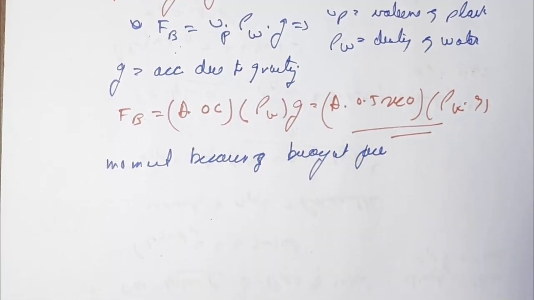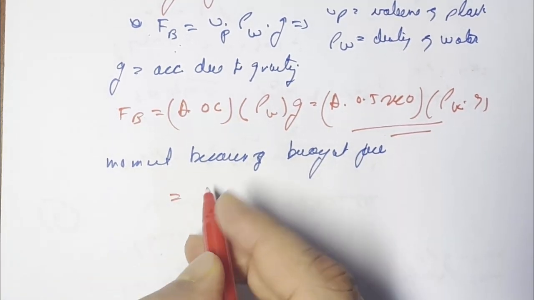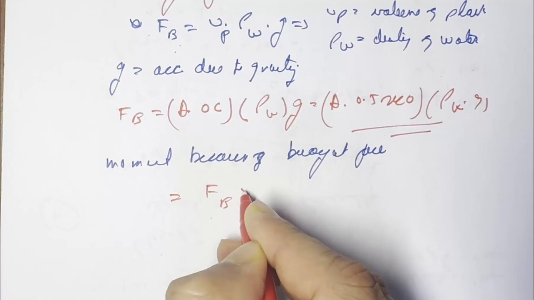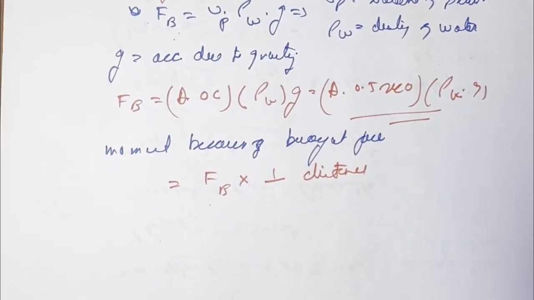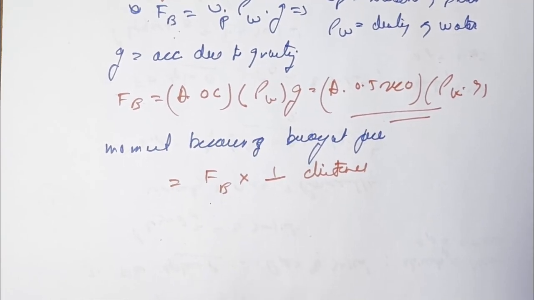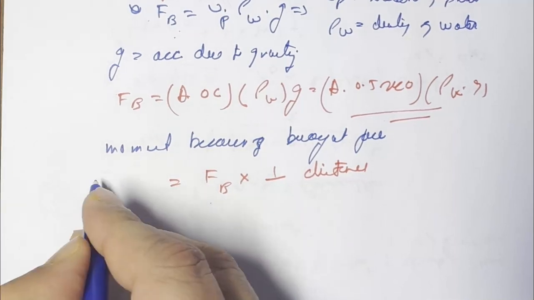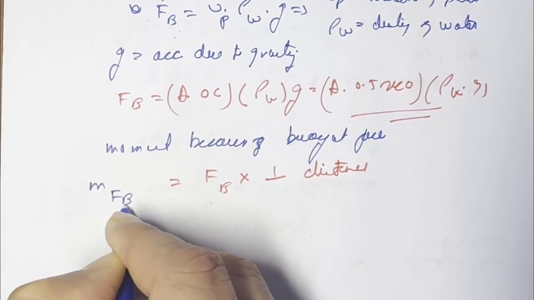That is the basic formula for the moment of force. So applied force is Fp multiplied by the perpendicular distance. So let us call that moment of buoyant force is mFb.